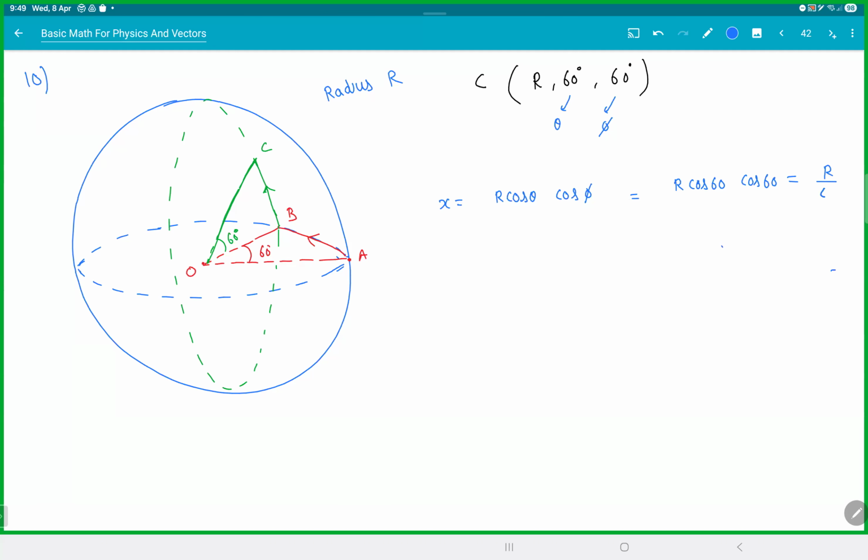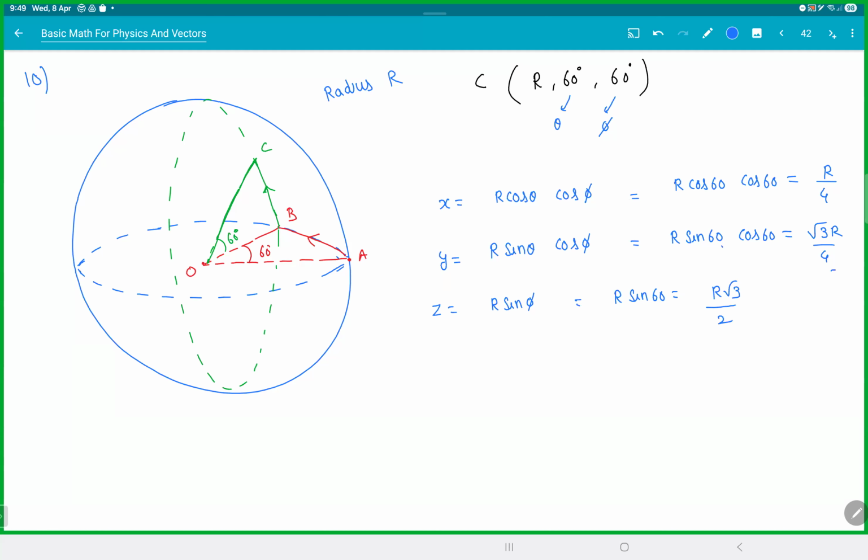So if you convert this into xyz coordinates, we will get this. The y coordinate is r sine theta cos phi, r sine 60 cos 60, root 3 r by 4. The z coordinate is r sine phi, r root 3 by 2.